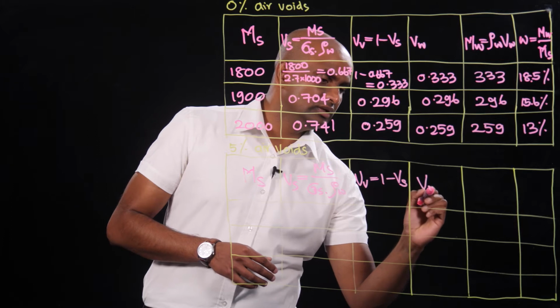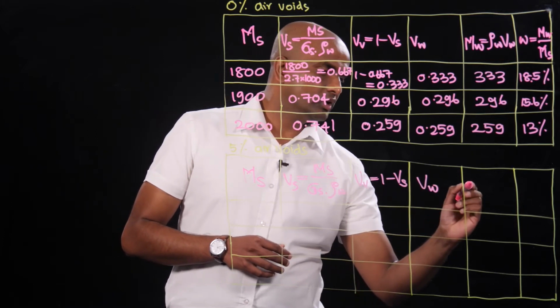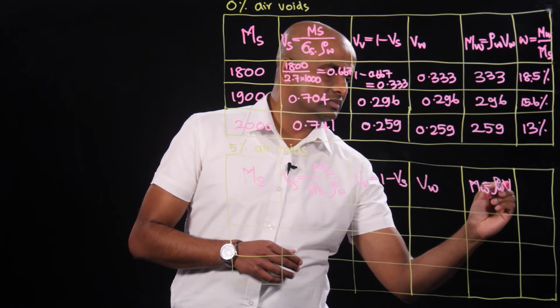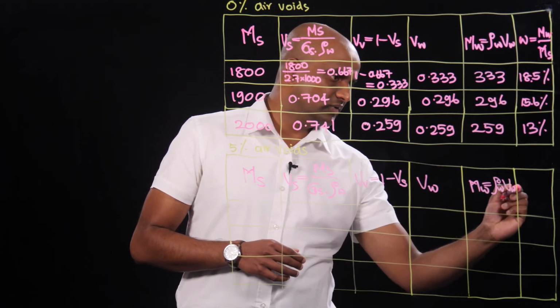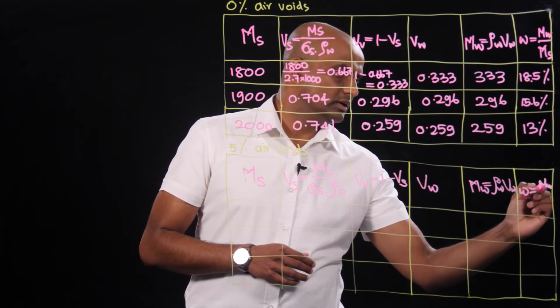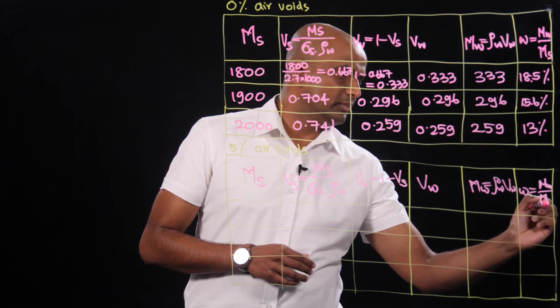And this will give the Vw, volume of water, and mass of water, which is the density of water times volume of water. And finally, what we need is the water content, which will be Mw divided by Ms.